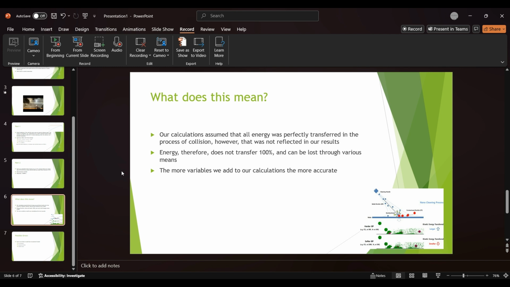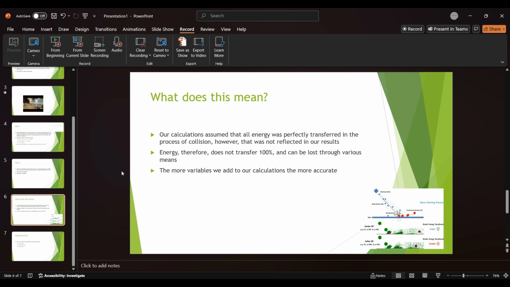Because we only considered momentum, velocity and the movement of the objects, we did not perfectly reflect the environment, and therefore we can safely say that calculations done on paper do not accurately reflect what's recorded in the real world.